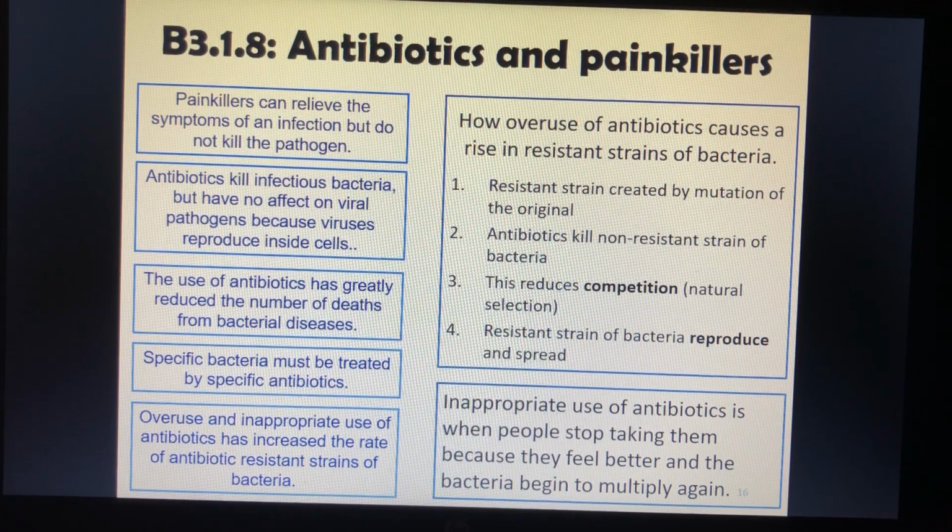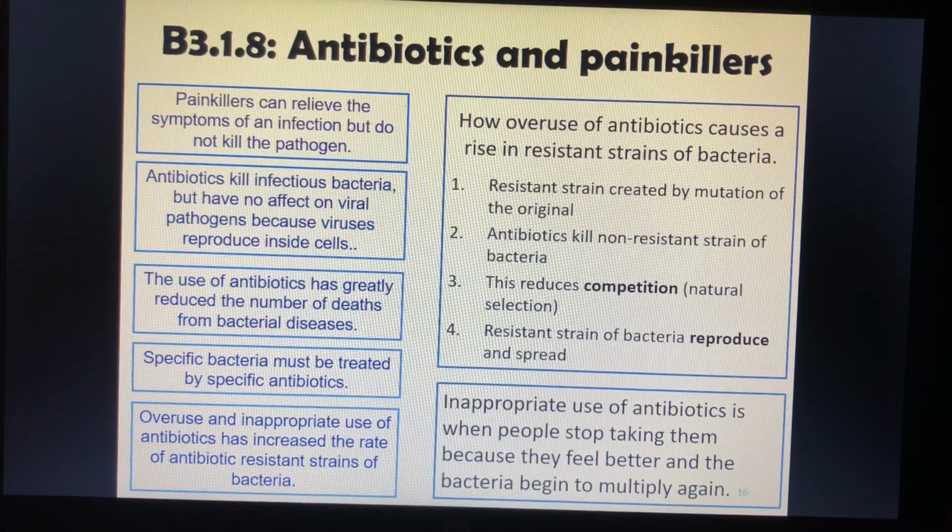And then we go on to overuse. The overuse of antibiotics is if you keep going to the doctors and the doctor keeps giving you antibiotics every time you're ill. And what happens is some of those bacteria will have mutated and formed their own small population. And if they are not killed by the antibiotics, but all the other bacteria are, they now have a greater chance of survival.